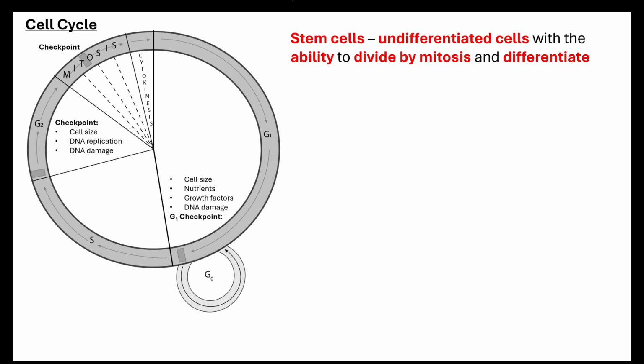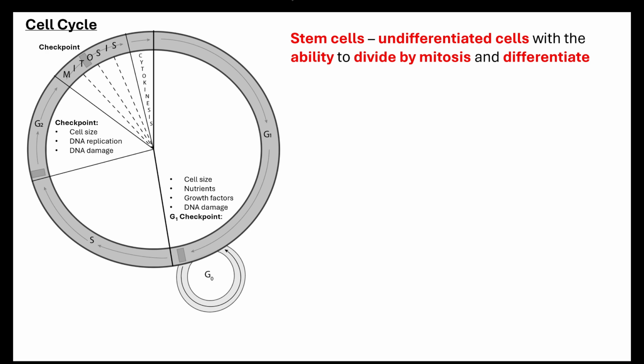So we know that our cells have got their cell cycle and they go through the interphase, then mitotic division, then cytokinesis to produce two genetically identical daughter cells. So a stem cell is an undifferentiated cell that has that ability to divide and produce two genetically identical daughter cells, which can then differentiate.